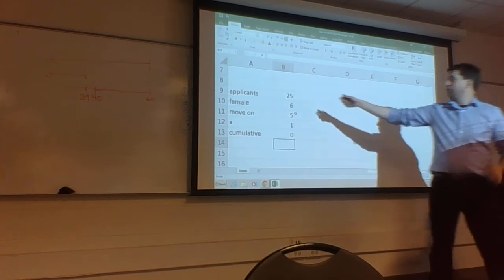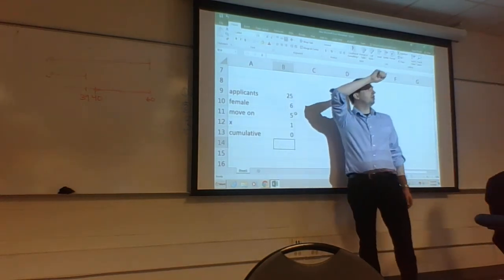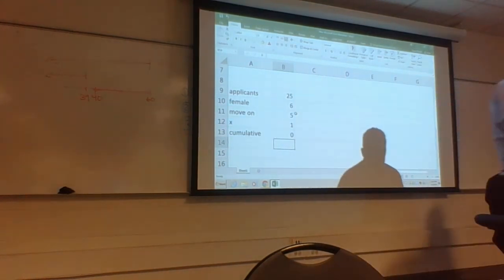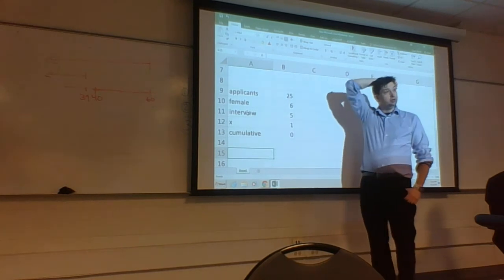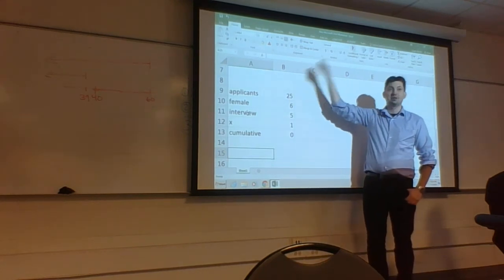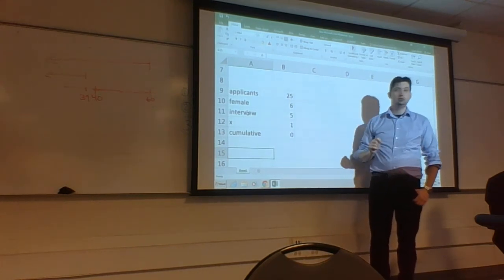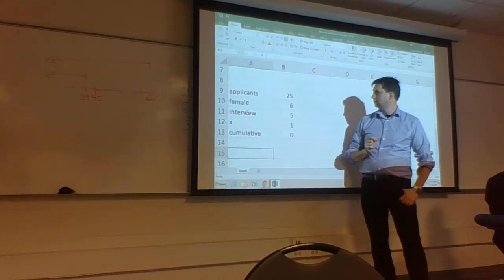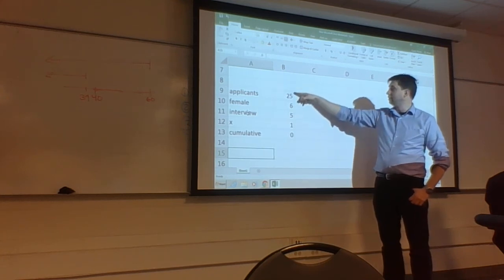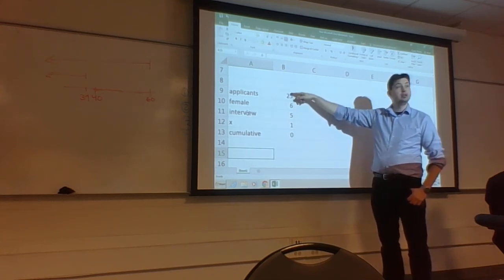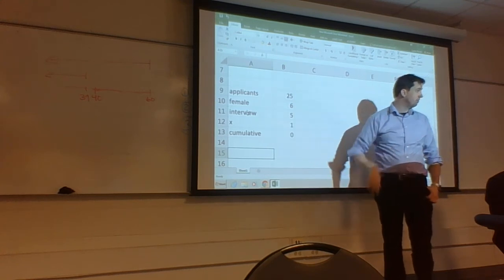When I select one of these applicants to be interviewed, I should call it interview rather than move on, that means I cannot select that applicant again, and the probability has changed. Especially since I'm ultimately going to be selecting 5 people, which is 20% of my pool. So that's going to be way more than 5%.